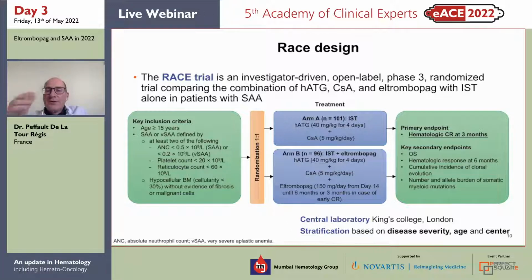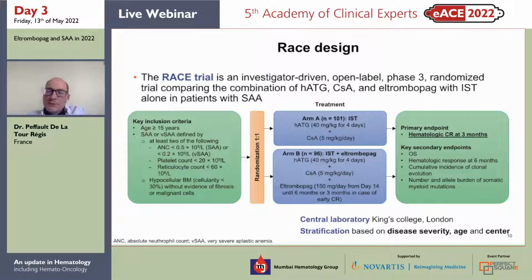And as you can see, the key secondary endpoints were really the ones that we usually use when speaking about aplastic anemia. The strength of that study was obviously the stratification according to what we know plays a role in severe aplastic anemia: disease severity, severe versus very severe, age, 40 years of age or older versus younger, and center. We also decided to stratify according to center because we have some reference centers that include a lot of patients and some others that might include fewer.